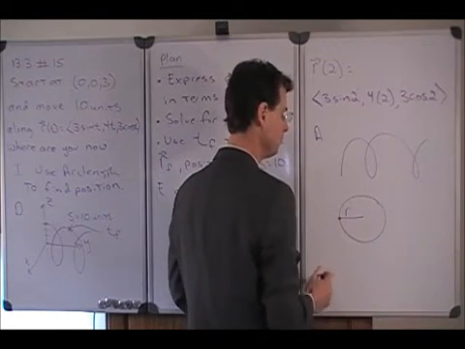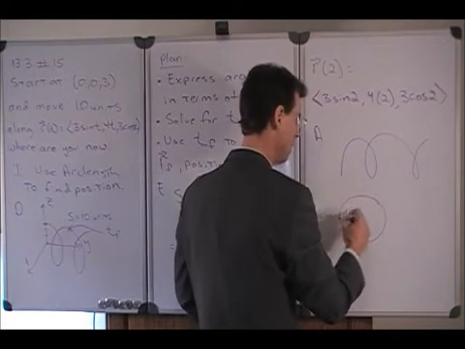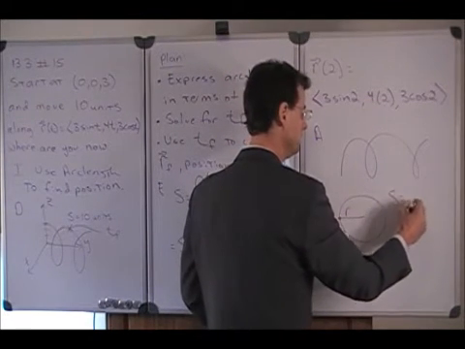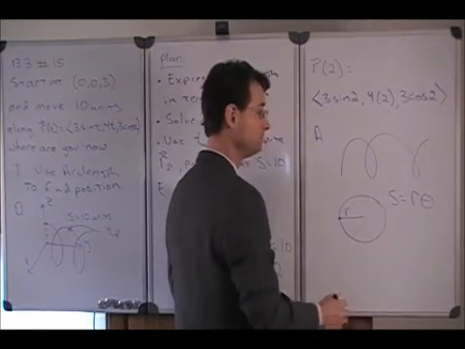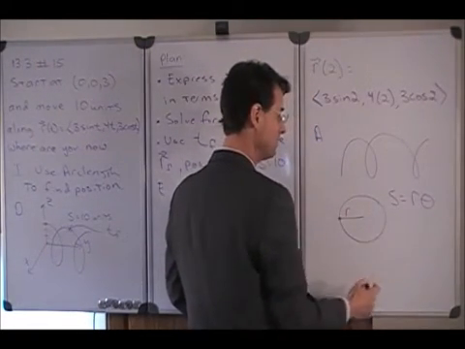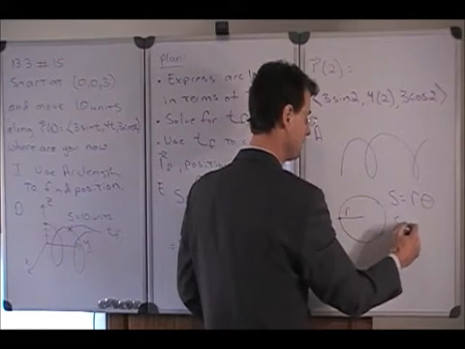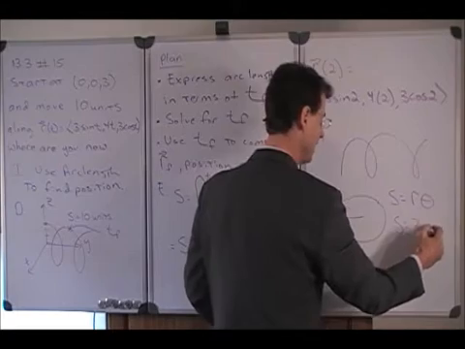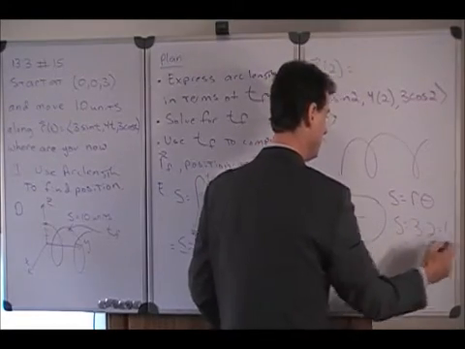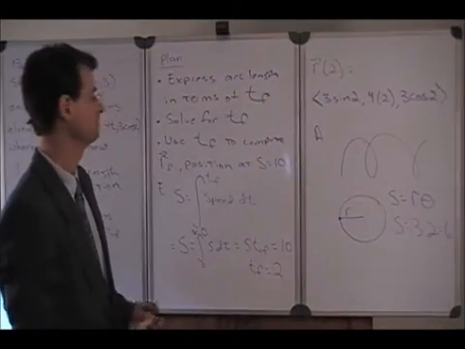So we have a circle of radius 3, and the arc length along that circle is simply equal to the radius of the circle times the angle. But in this case, the angle is the same as the parameter t, so the arc length would be the radius, which is 3, times the time, which is 2, and that would be 6.